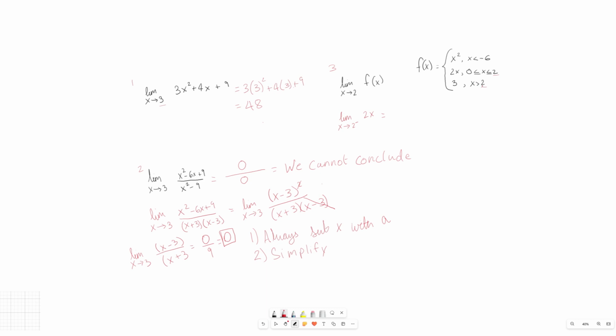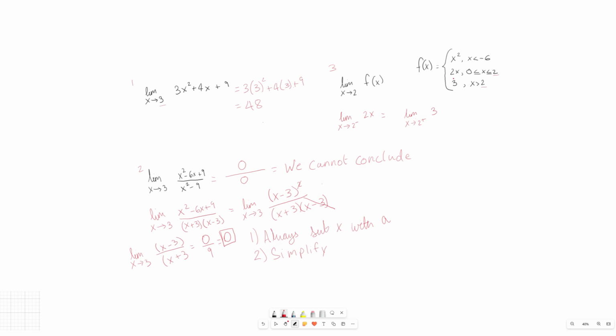So x greater than 2 is over here. So the limit as x approaches 2 plus, that would be 3. So now you have to see if this works.